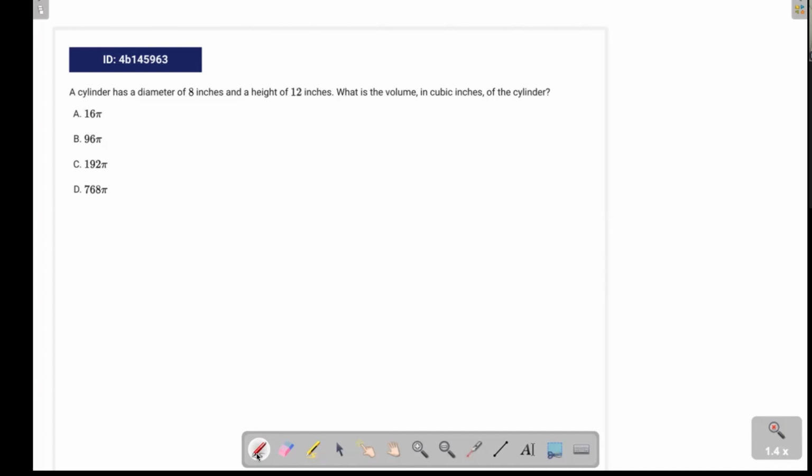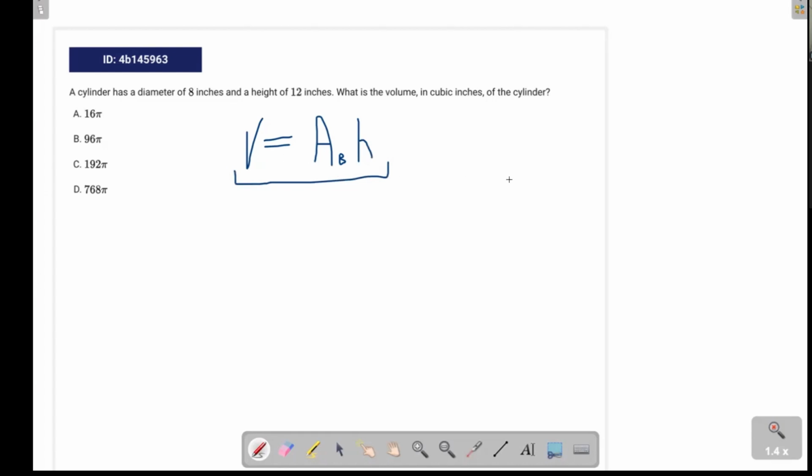The volume equation is length times width times height. And that's the same as saying that volume is equal to area times height, the area of the base times height. So just call it AB times height. And even if you don't know this, if you just know this, you can figure out what the volume of the cylinder is going to be equal to.